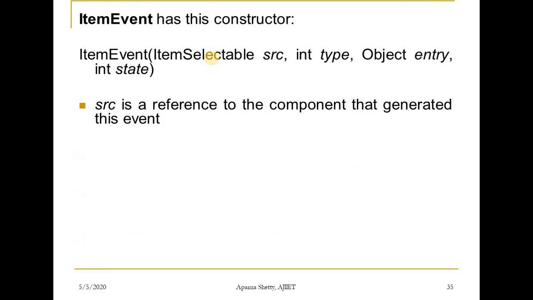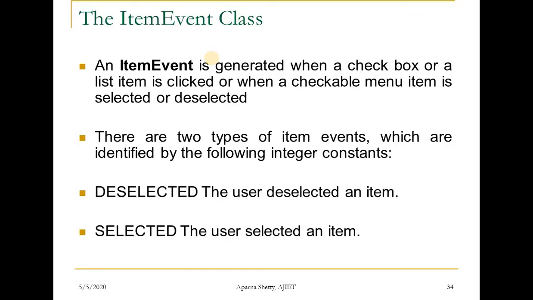So ItemEvent: when is this event generated? When a checkbox or a list item is clicked, or whenever a checkable menu item is selected or deselected. It has two integer constants, DESELECTED and SELECTED, representing the two item events.